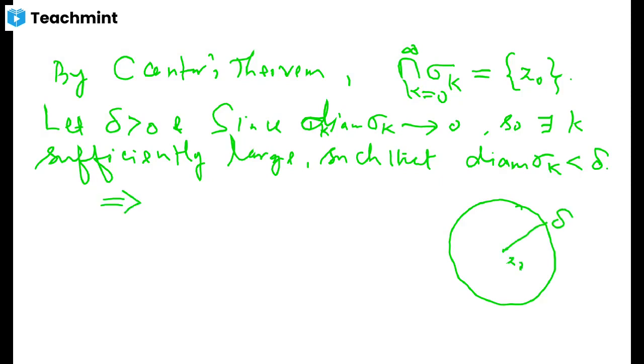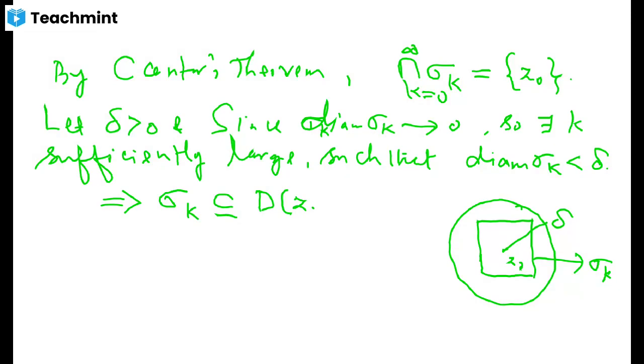If the diameter is less than delta and z naught belongs to sigma, that means the square containing this z naught, which I write as sigma k, because corresponding to this k, this square must be lying inside this disk. So this square sigma k lies inside this disk D(z naught, delta). But what is this thing?